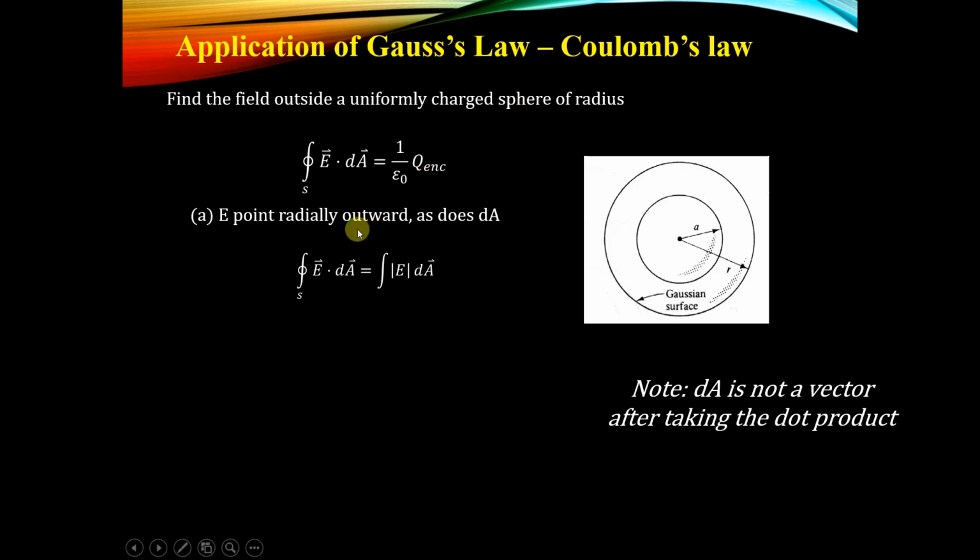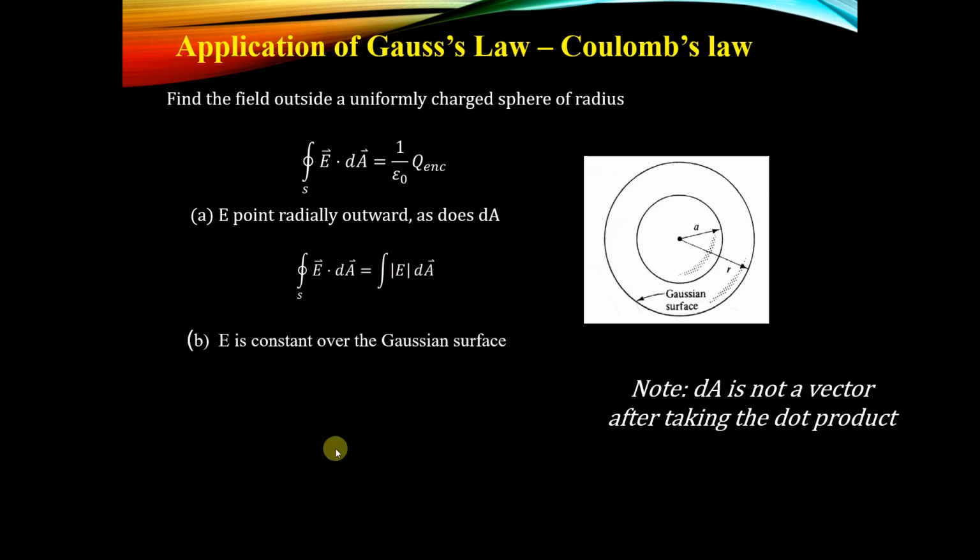Since both electric field and dA are in the same direction, the angle between them will be 0, and cos 0 is 1. So our dot product now gets converted into integral E into dA, magnitude of the field into the area.